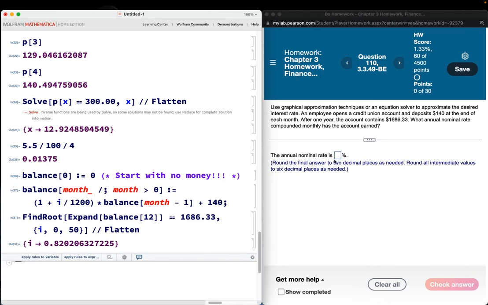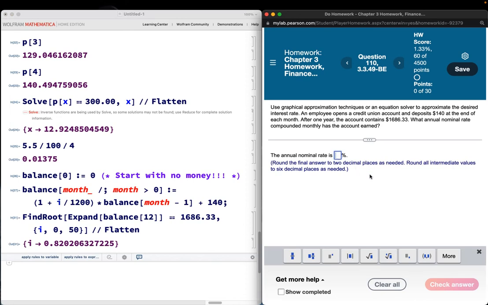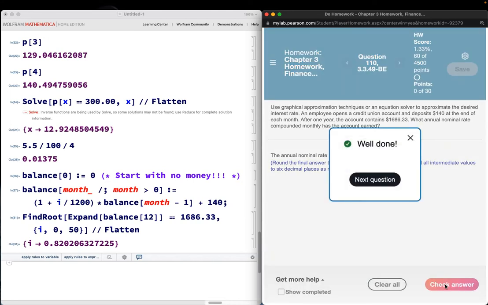Round the final answer to 2 decimal places as needed. Round all intermediate values to 6 decimal places as needed. That seems a little bit small. 0.82%. Yeah, okay, it works. That just seemed really small, but okay. That works, not a problem.